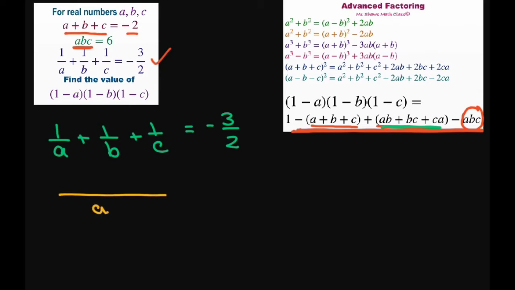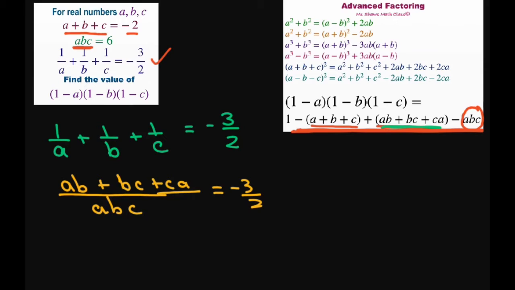So we have 1 divided by a plus 1 divided by b plus 1 divided by c equals -3 divided by 2. What I'm going to do here is get my common denominator, ABC. And to simplify your numerator, this would be AB plus BC plus CA, and this is all going to equal -3/2.